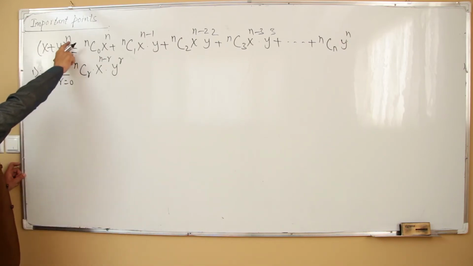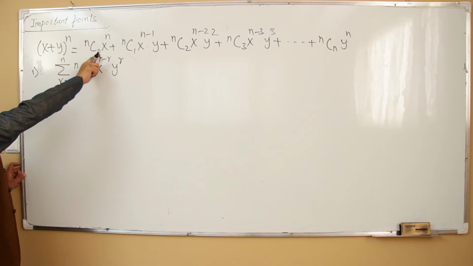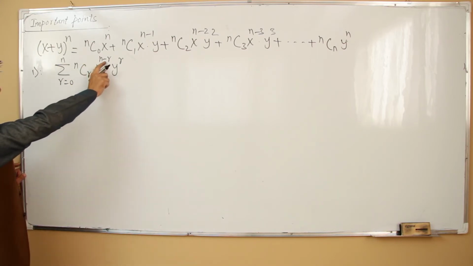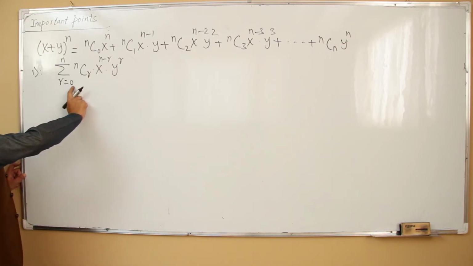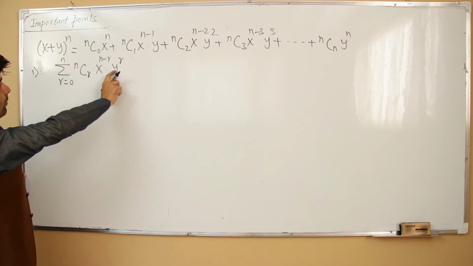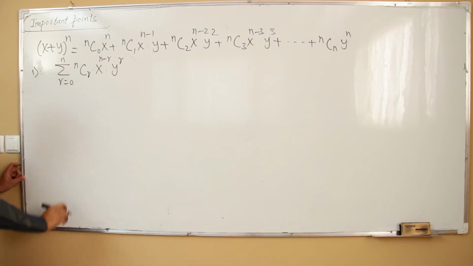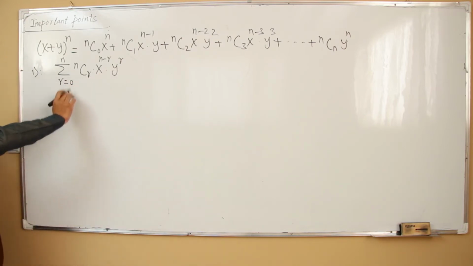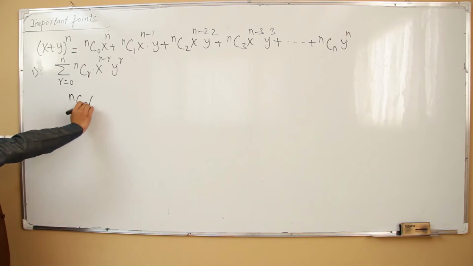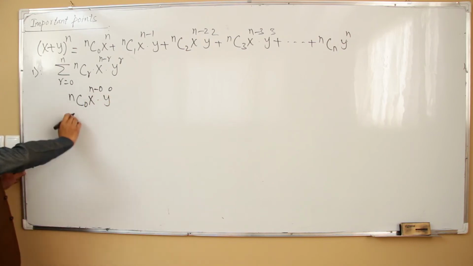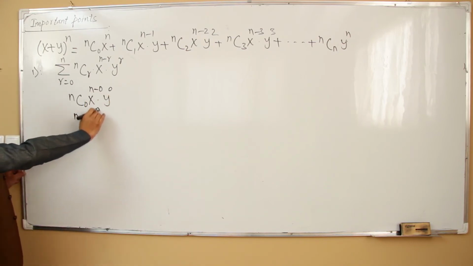Here n is n, and r starts from 0. The first one is x to the power n minus r. R is 0, so n minus 0 is n, and y to the power 0. For example, this means n c0 x to the power n minus 0 y to the power 0. Y to the power 0 is 1, so you find nc0 x to the power n.